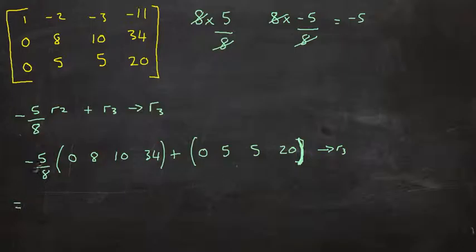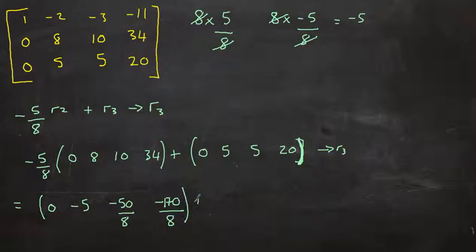So doing this scalar multiplication, minus 5/8 times 0 gives us 0, minus 5/8 times 8 gives us minus 5, which is why we did this in the first place. Minus 5/8 times 10 is minus 50/8, and minus 5/8 times 34, well, 5 34s are 150 and 20, so it's minus 170. I always write that backwards, I don't know why. Minus 170 over 8.